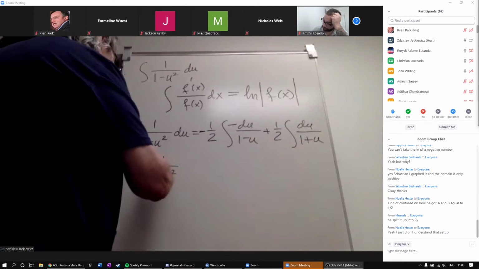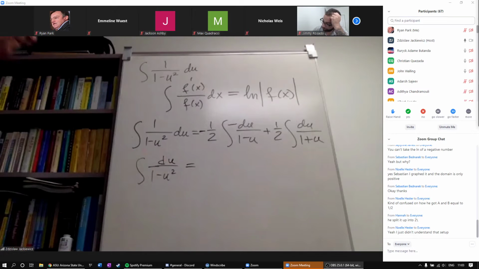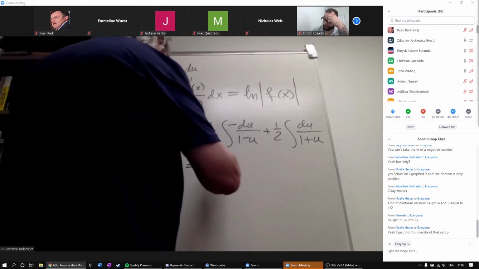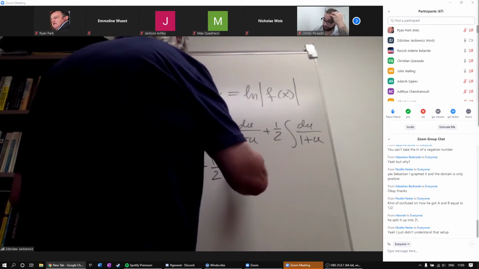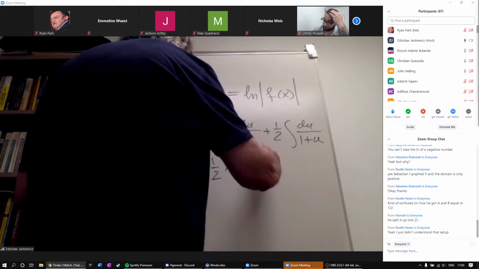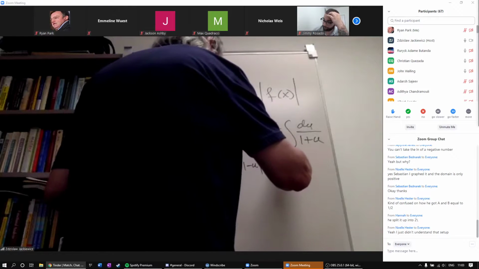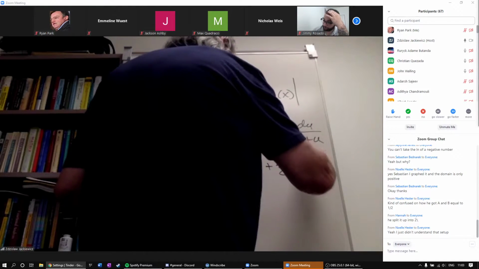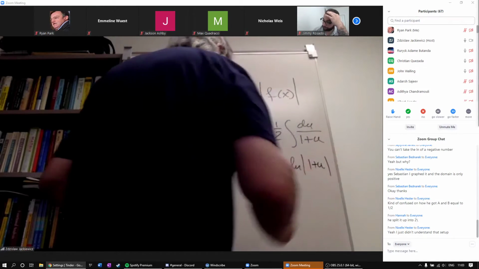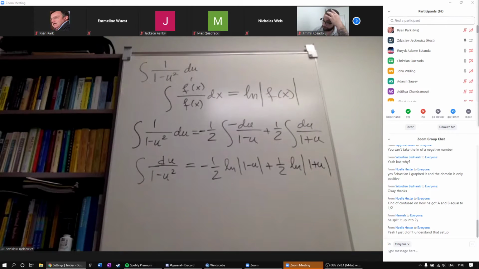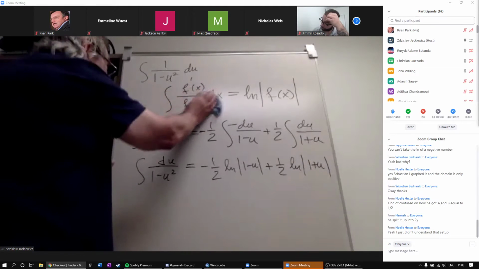So the integral is equal to minus 1/2 ln of (1 minus u) plus 1/2 ln of (1 plus u). Well, you can put things under one logarithm, so maybe let me put it here.